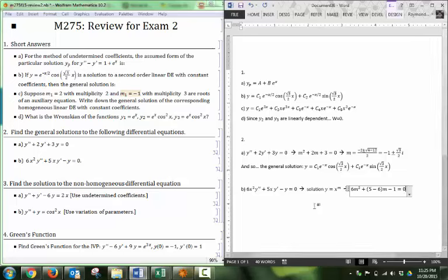So when we're looking at this, we can simplify this a little bit and see how we can solve for this.